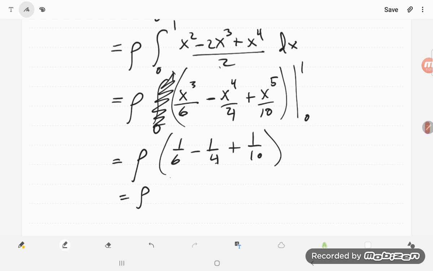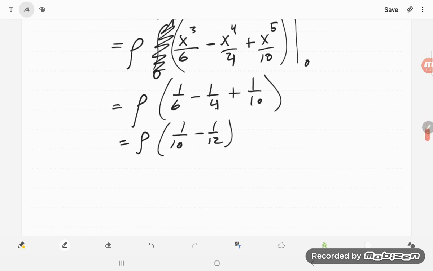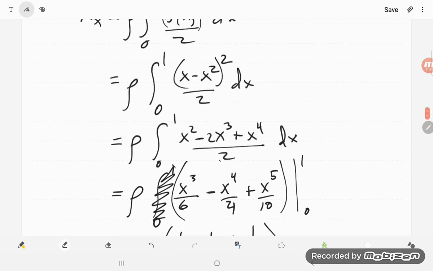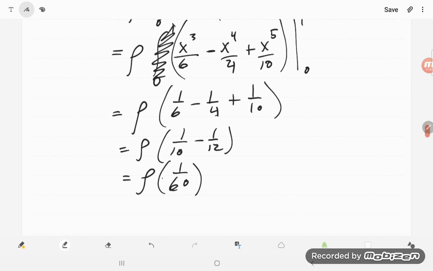So this is rho times 1/10 minus 1/12, I think. And that we can go to 60ths, and so that's 6 and 5. So this is rho times 1 over 60. So that was our m sub x.